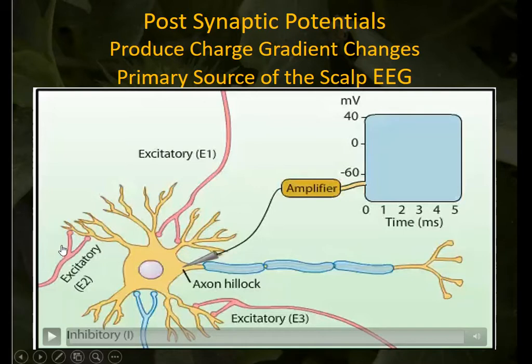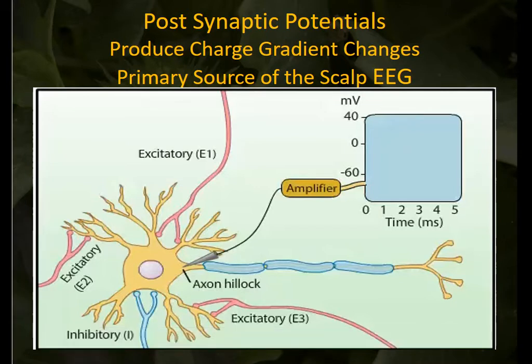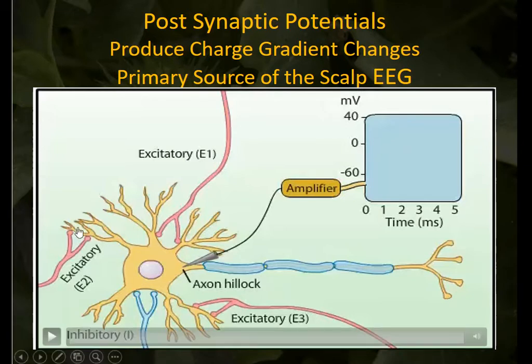We have excitatory inputs. These are coming from other neurons and producing excitatory postsynaptic potentials in this pyramidal neuron. Here's an inhibitory effect on this pyramidal neuron. And this is going to be a brief description of that process.